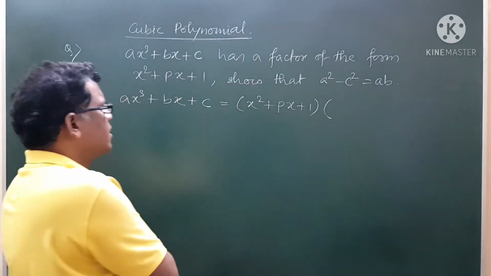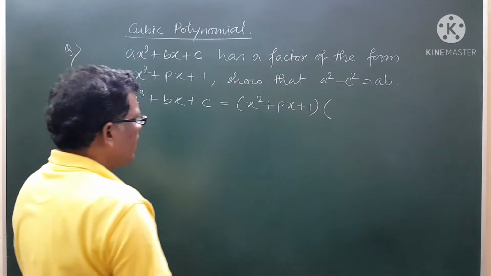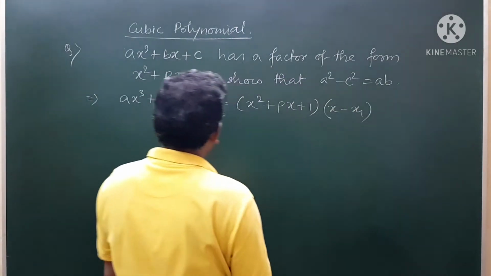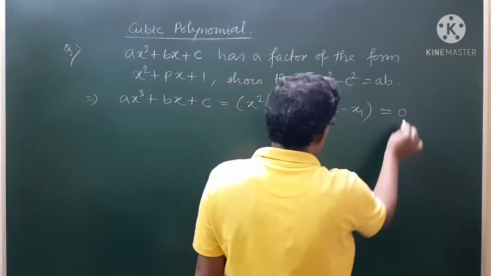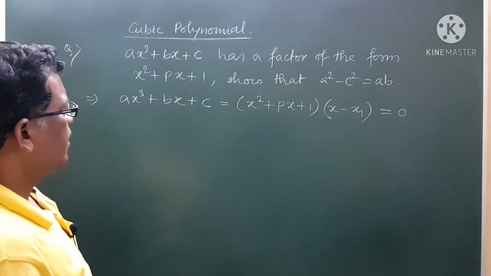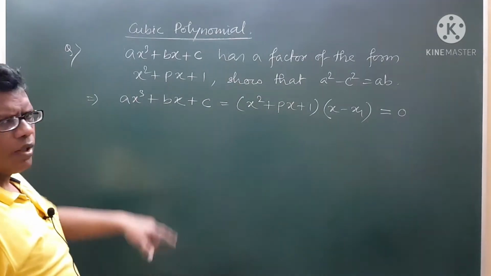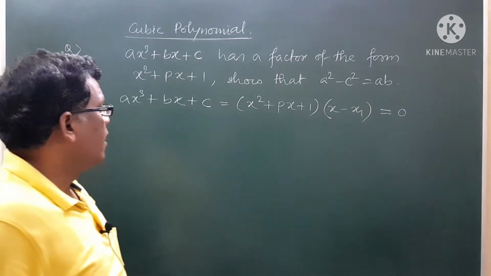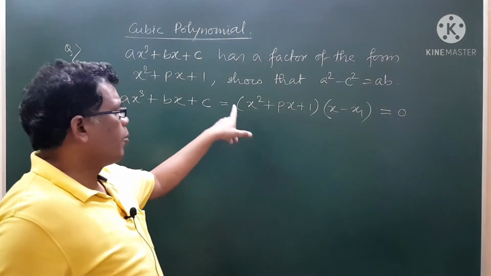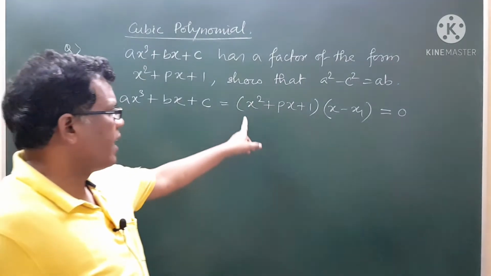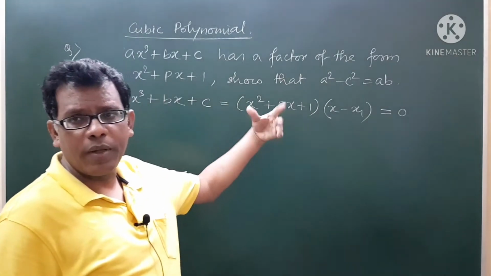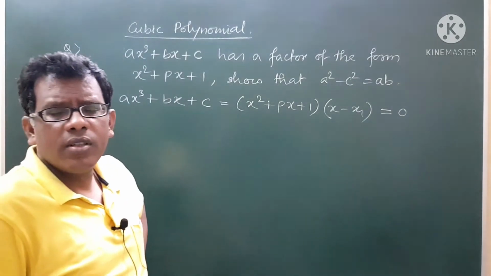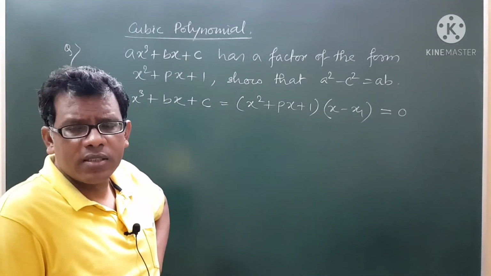So that means there must be one linear factor x minus x1, for example, and that is equal to 0. Because see, ultimately the highest power of x is x cube, and one of the factors of the polynomial is given as second degree, x square plus px plus 1. In the previous argument I showed you that there were 3 linear factors.